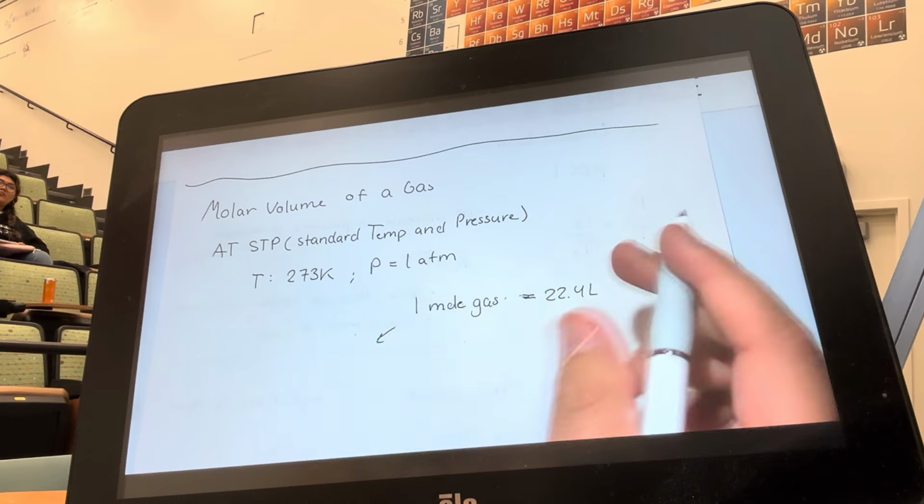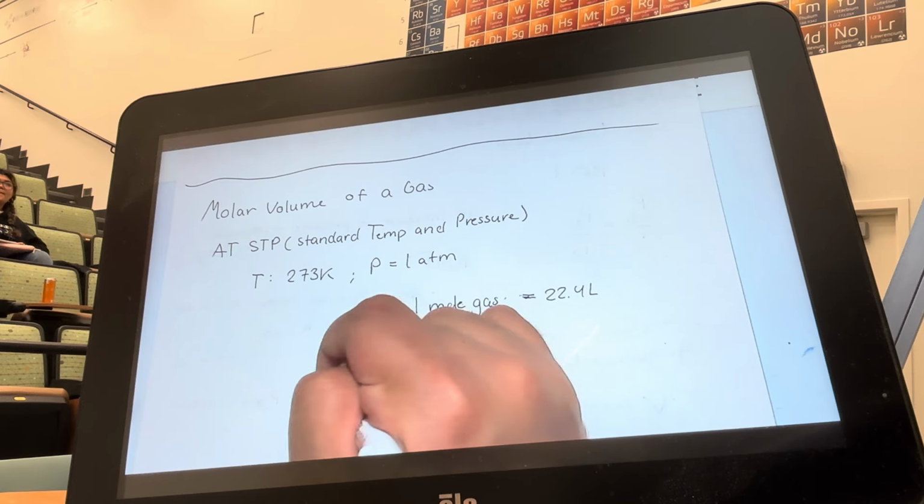And then you can convert this into a conversion factor.